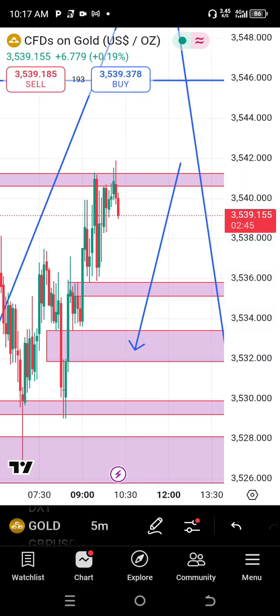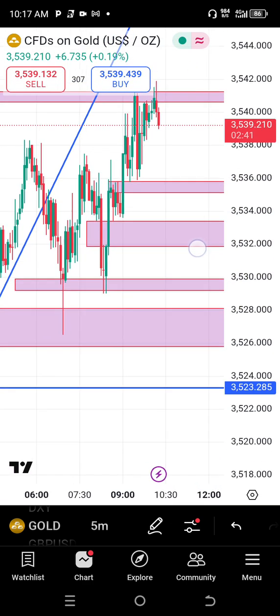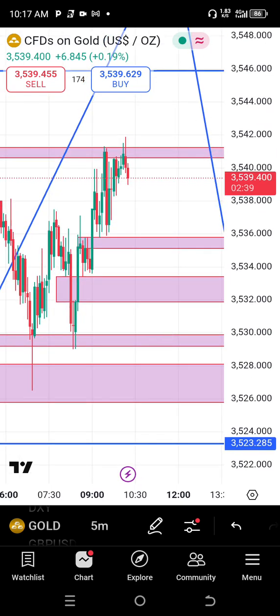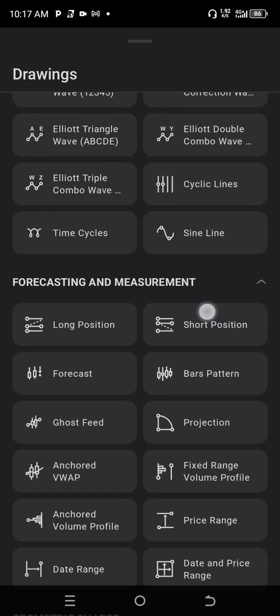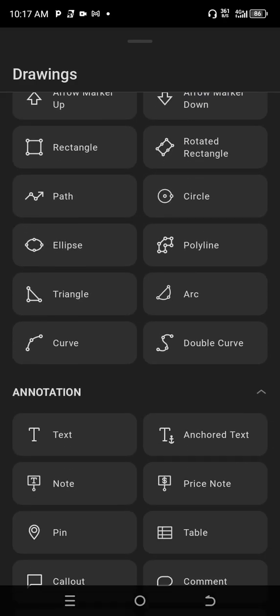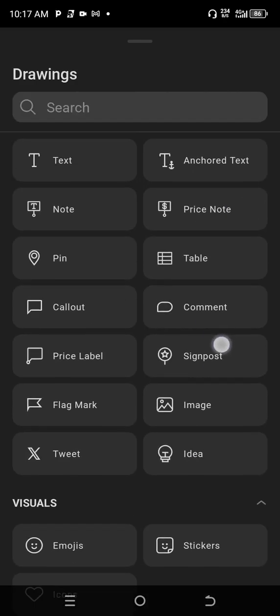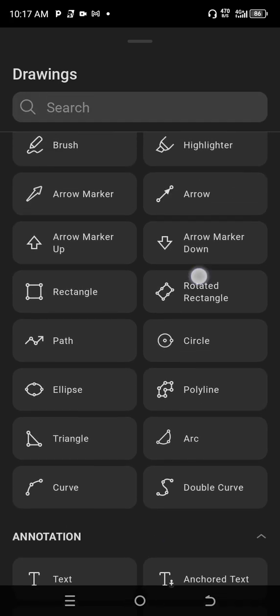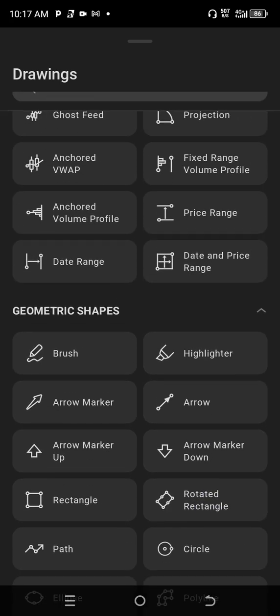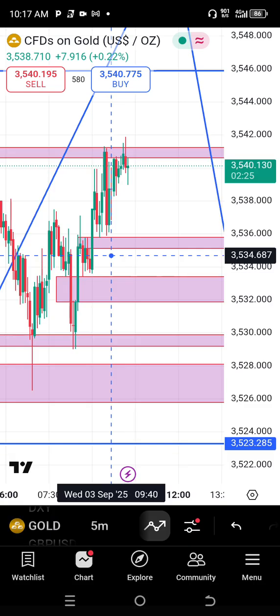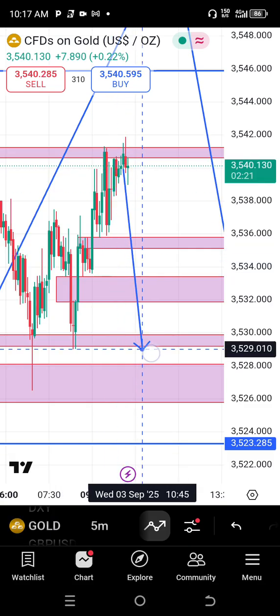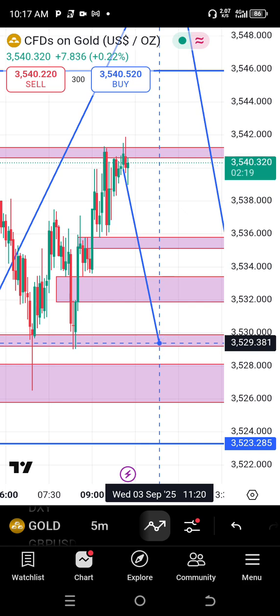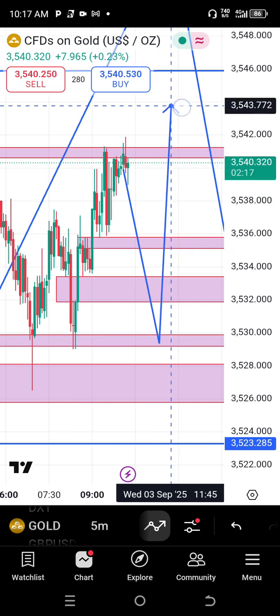Now it is also possible that once it reaches this rejection block that I showed you the other time, the market is going to come down to that area of rejection block, that is from here to this place, okay, and then it now continues to buy.